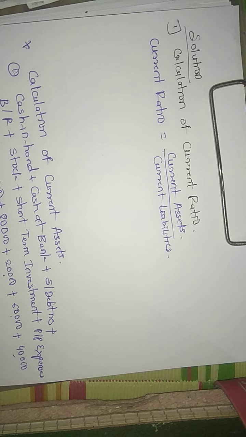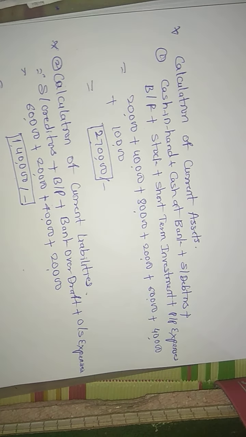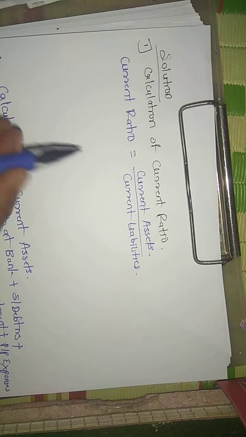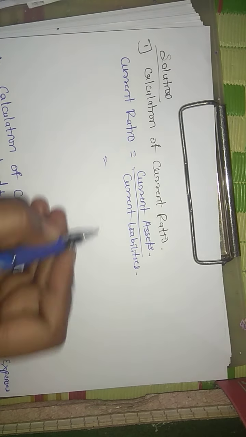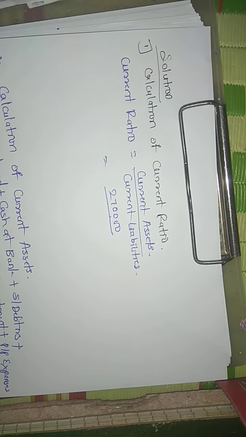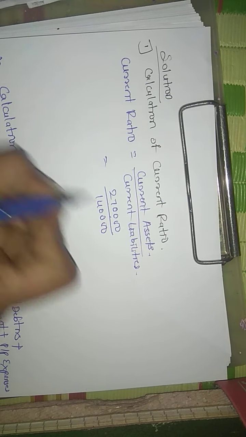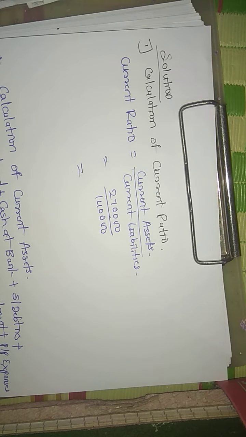Okay, by using these values, that is current assets value and current liabilities value, we calculate the current ratio. What is the amount of current assets? That is 2,70,000, and current liabilities amount is 1,40,000.